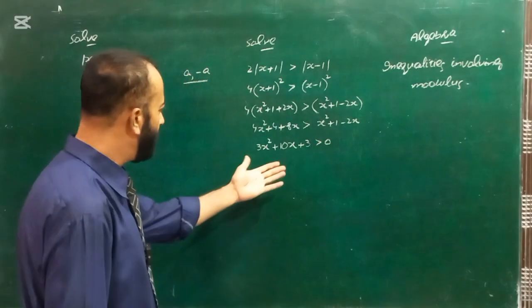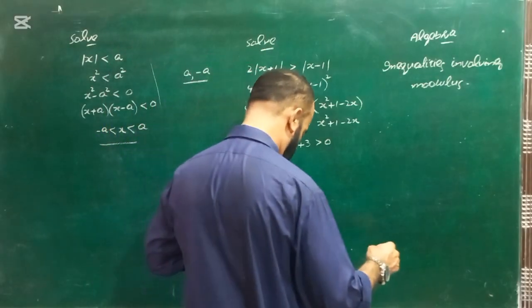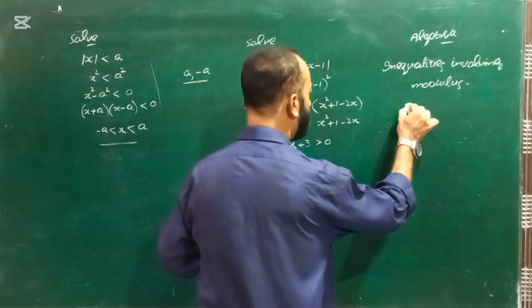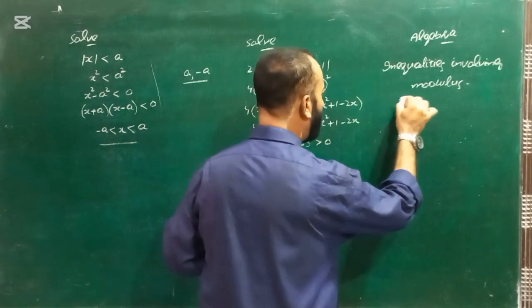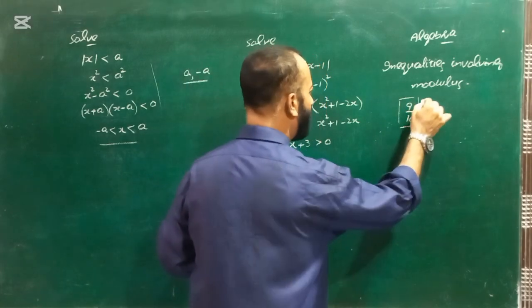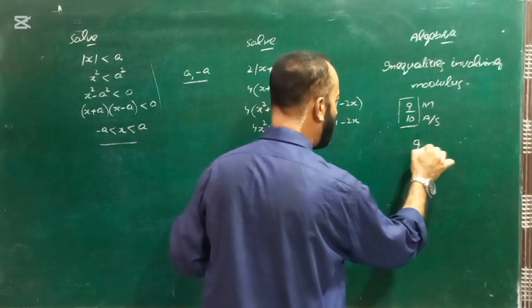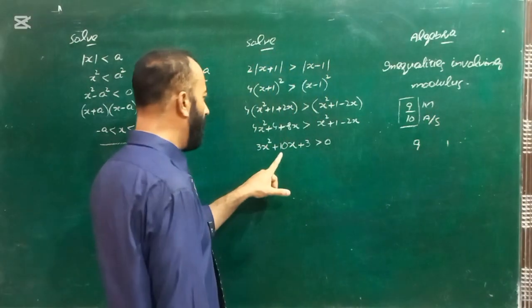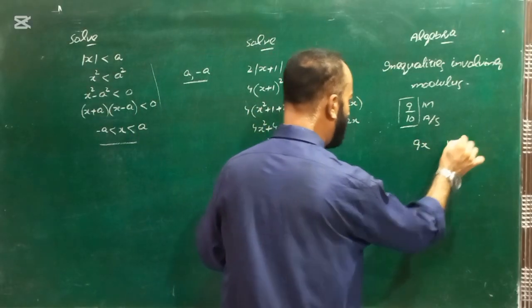At this step, you can see this is a quadratic equation. Multiply the coefficient of the first term with the last one. So 3 3s are 9. The central coefficient is 10. So think of a pair of numbers whose multiplication equals this one, and addition or subtraction equals this one. So these will be 9 and 1. Write the variable of the central term with both of these numbers.